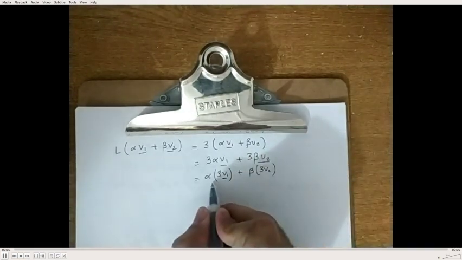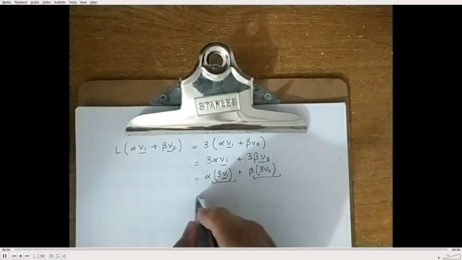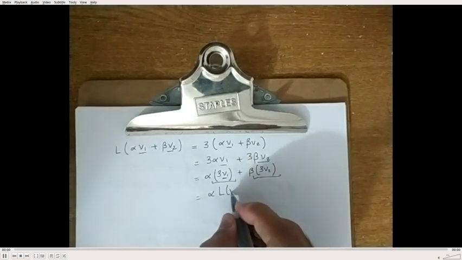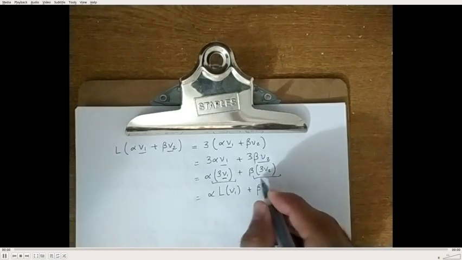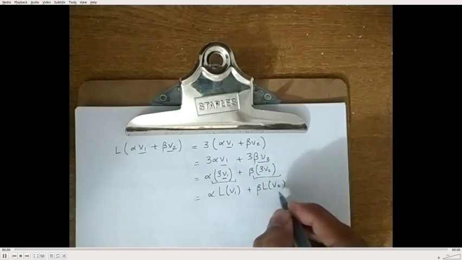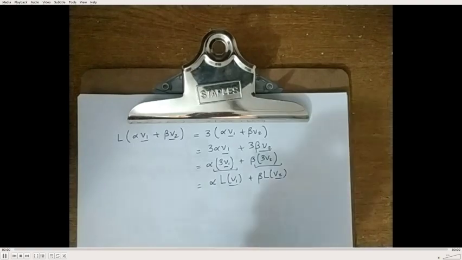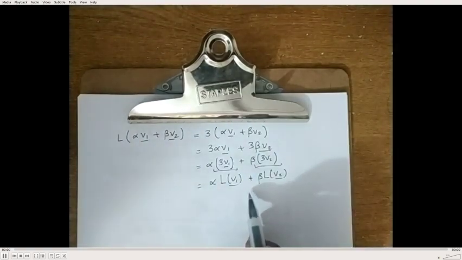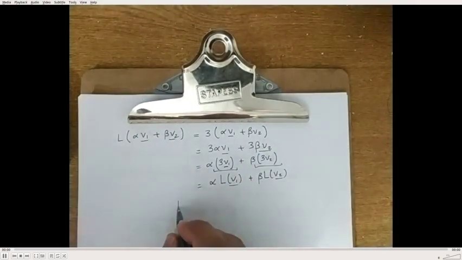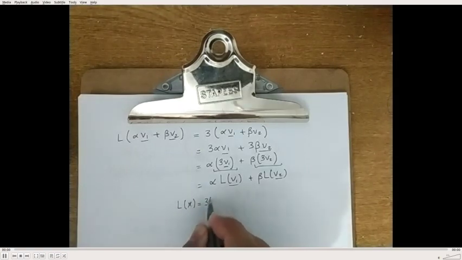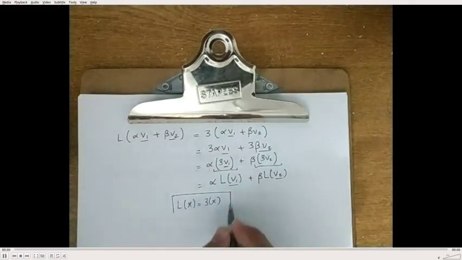And now I can replace this bit because this is simply L of V1 and this is simply L of V2. And so you've shown that a linear combination stays a linear combination, and therefore L of x equals 3 times x is a linear transformation.